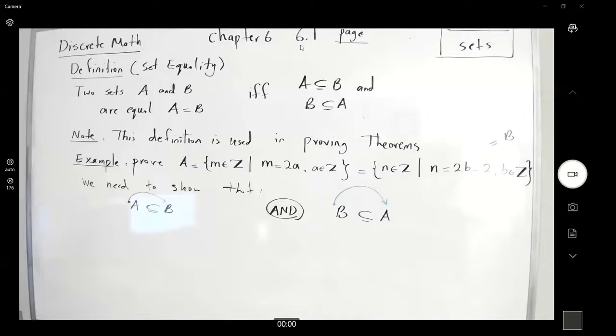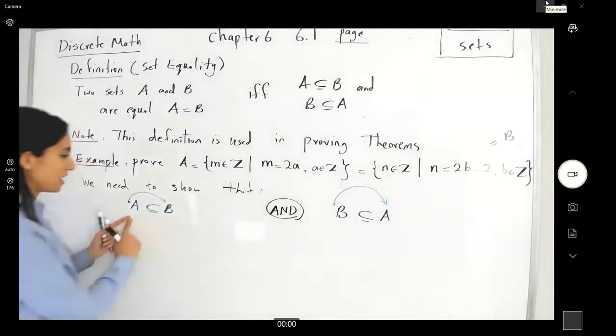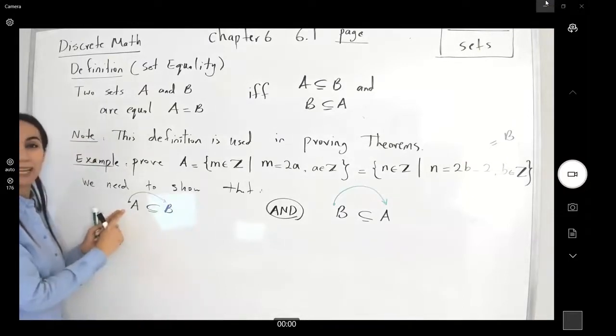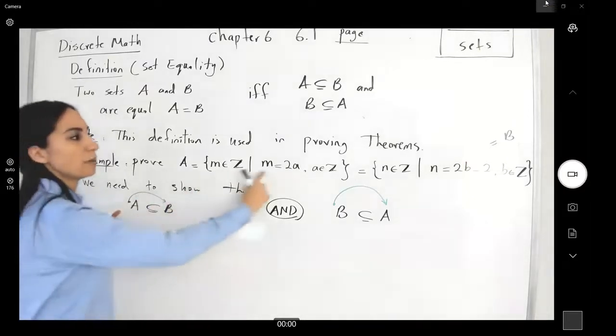So here we start. I want to show that A is a subset of B. It means that we need to take a random element in A. But what are the elements in A?